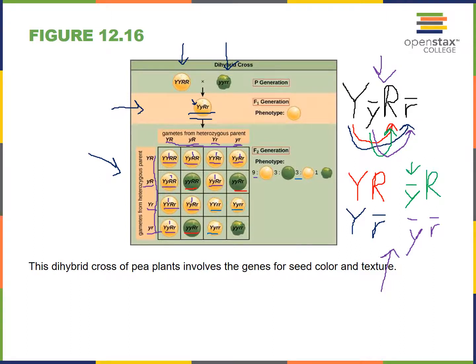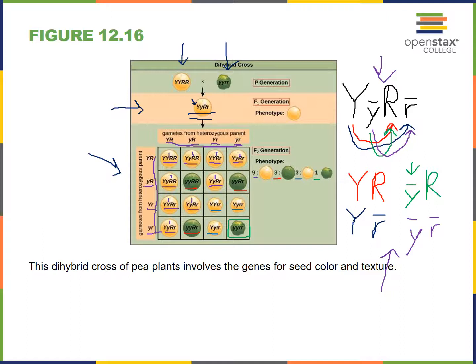And this is green but round. So you get 3 green and round. And then, what color have I not done yet? These right here. You only have 1 that are green and wrinkled. So that's your 1 that's green and wrinkled.